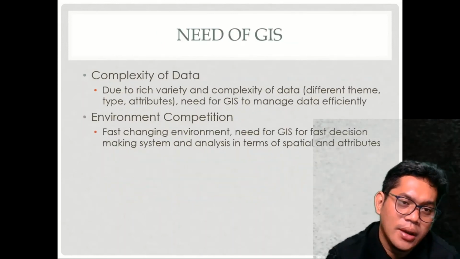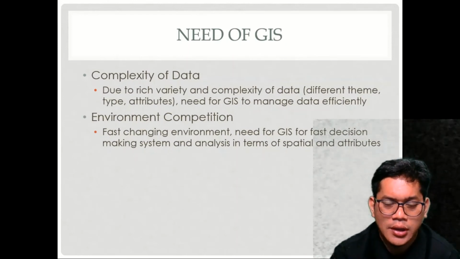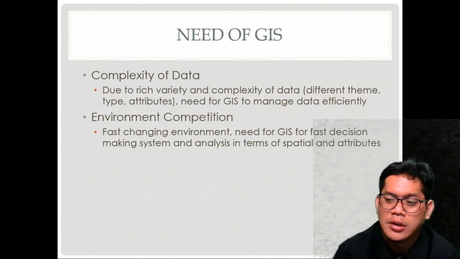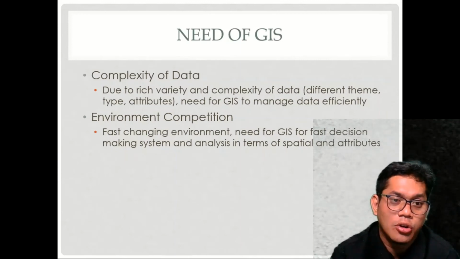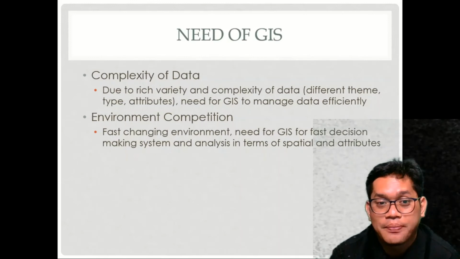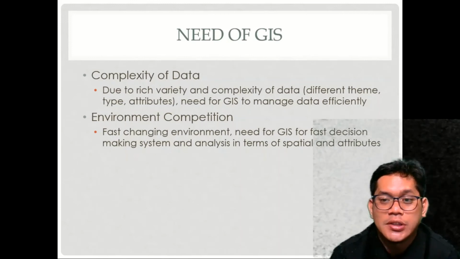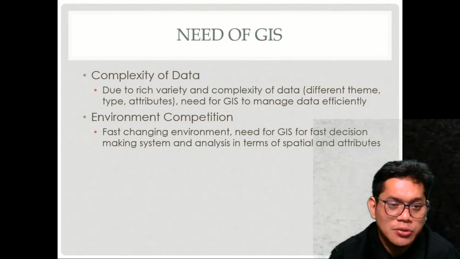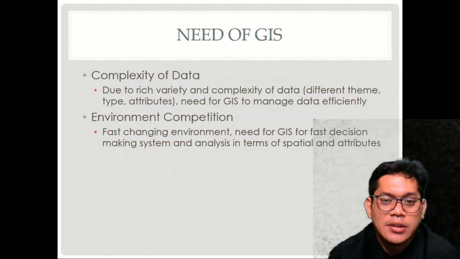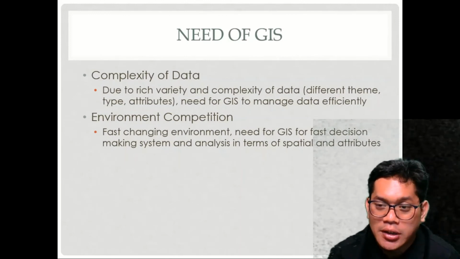Okay, and why do we need the GIS? Because as we know now, as the world is going for IR 4.0, the complexity of data is more and more. Therefore the GIS is needed to manage the data efficiently, and the environment competition, which is a fast changing environment, needs the GIS for a fast decision making system, analysis in terms of spatial attributes.